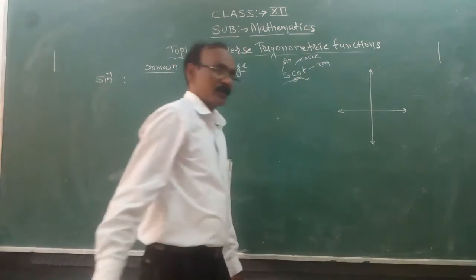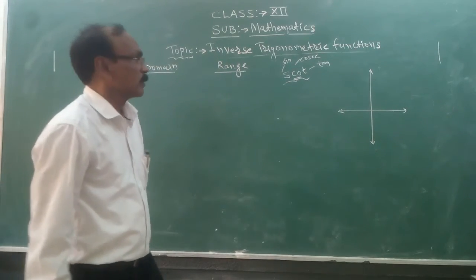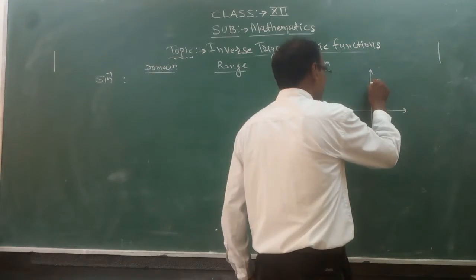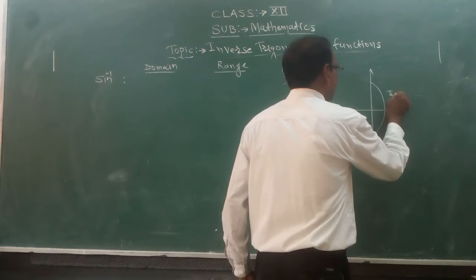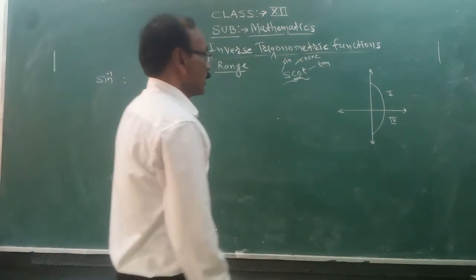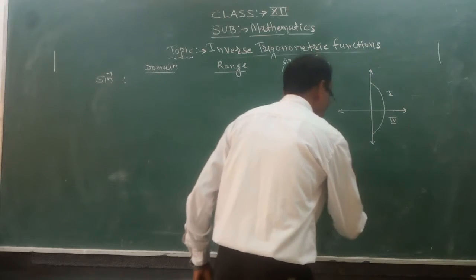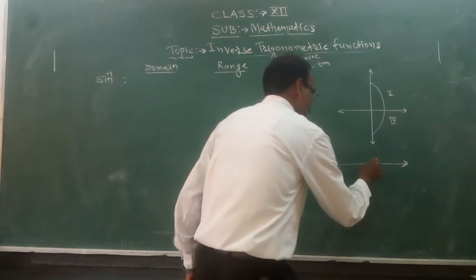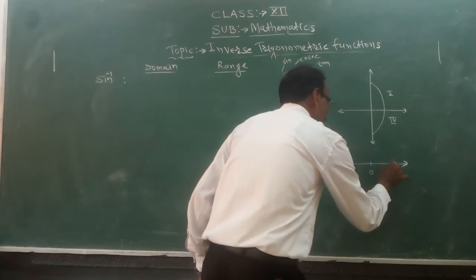These are three best buddies because they play their role in the first and fourth quadrant only. So here you remember these two figures only: 0, and minus 1 and 1.